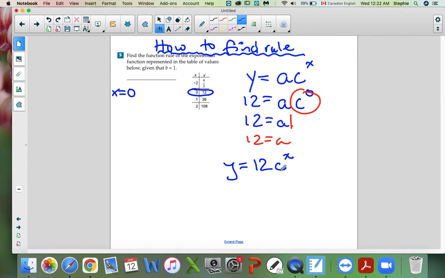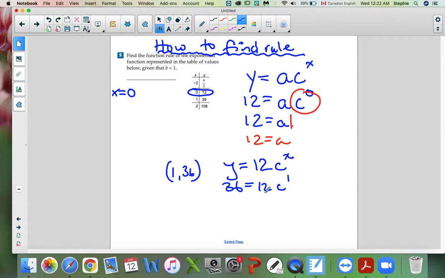All we have to do now is plug in what the values are. So let's plug in another point, 1 and 36. So you're going to do 36 in the position of y, 12, c to the power of 1.